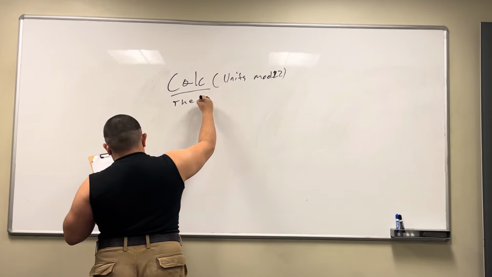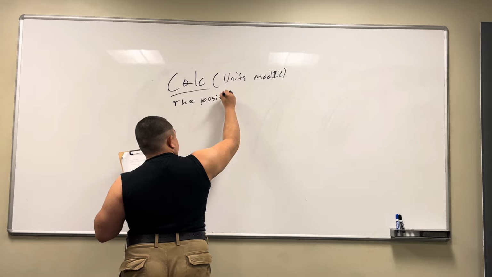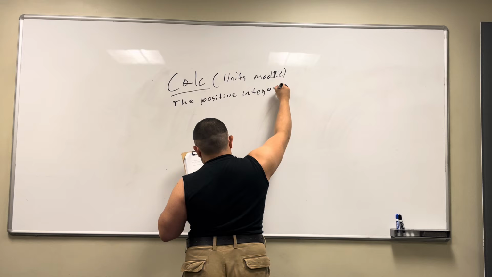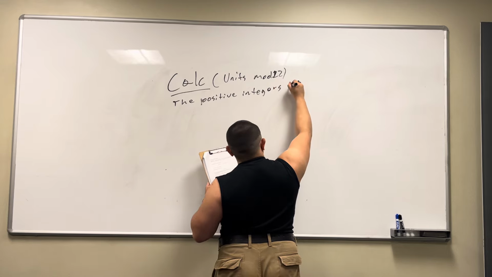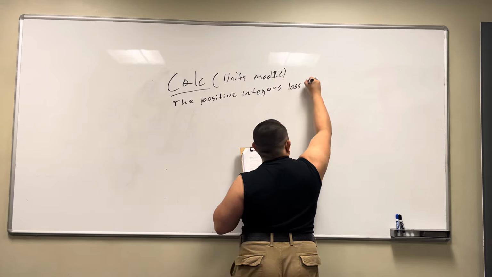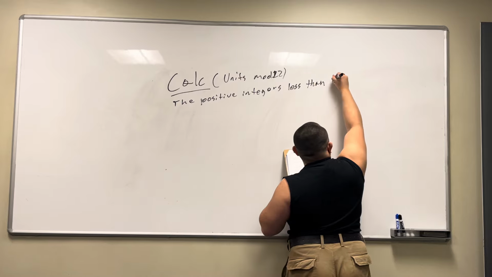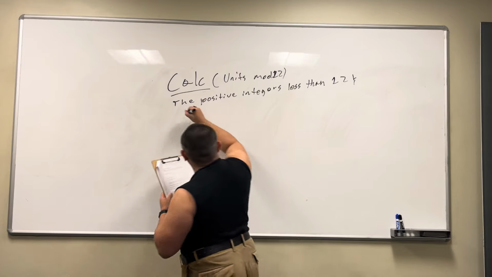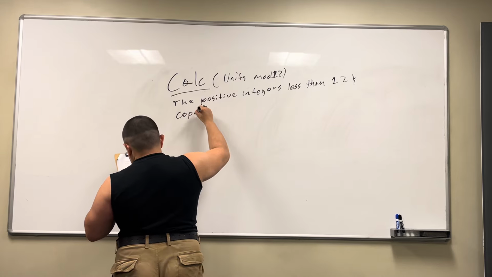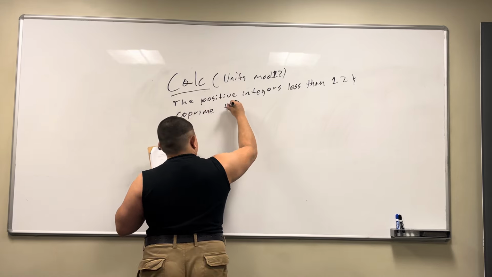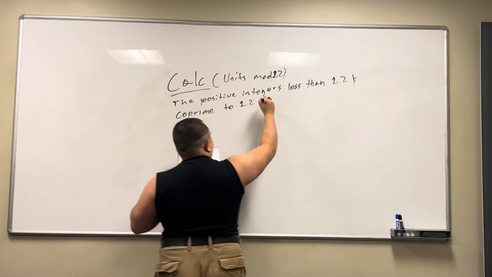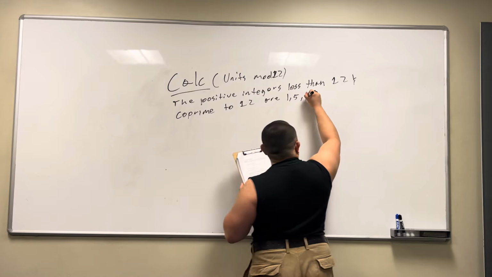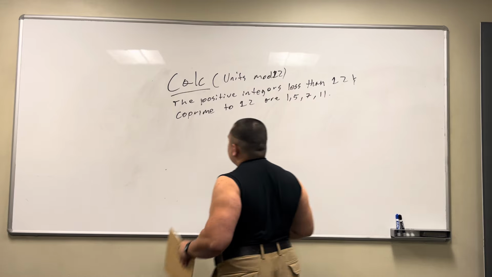Positive integers less than 12 and coprime to 12 are 1, 5, 7, 11.